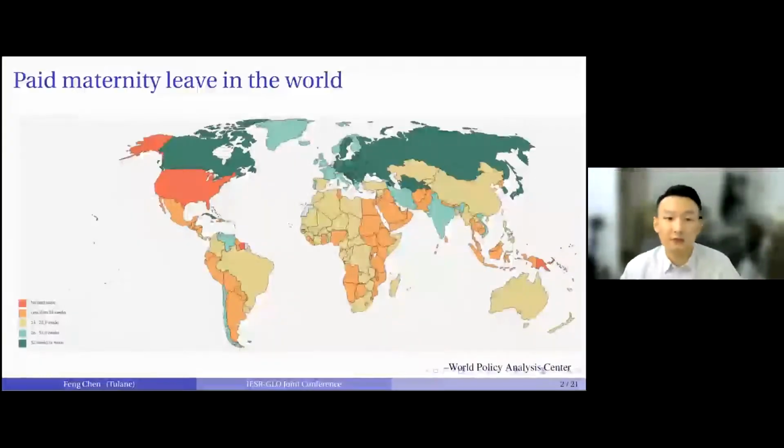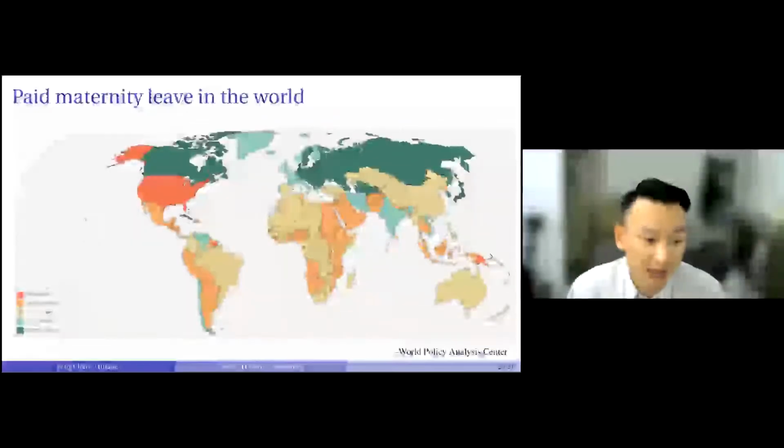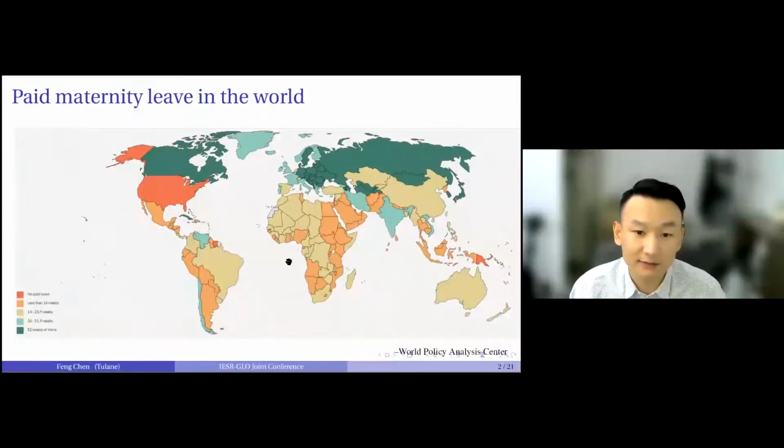First I want to show you the world map of paid maternity leave lengths. The green areas are countries with paid maternity leave of more than 1 year. Most developed countries like Canada, European countries, and Japan have paid leave of more than 1 year.